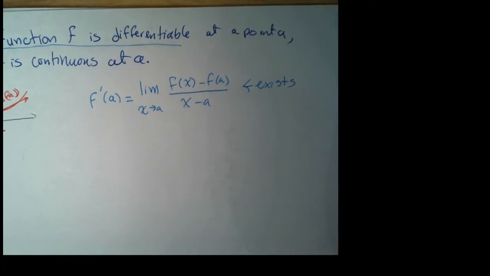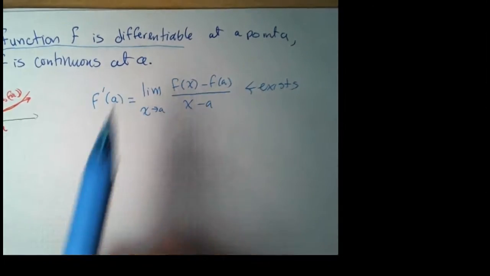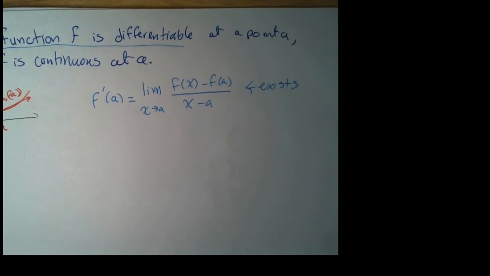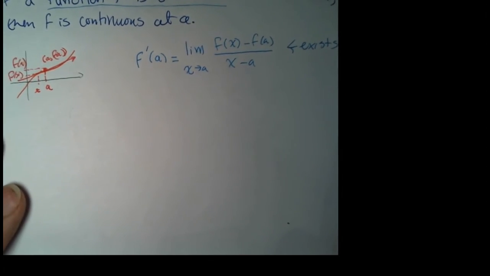Those statements are equivalent. We say the function is differentiable at a, that means that this limit exists. So let's see if the fact that it's differentiable is enough to assume continuity at the point a.